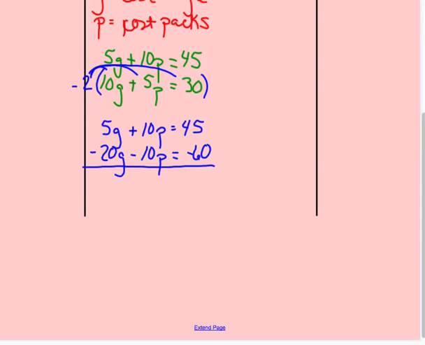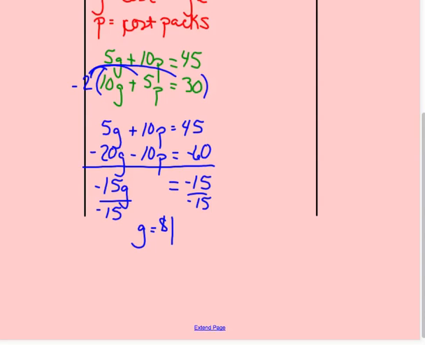Now my P's will cancel, so I'm going to combine my like terms. 5G minus 20G is -15G. 10P minus 10P cancels, and 45 plus -60 is -15. Dividing both sides by -15, the single tickets cost $1 each.